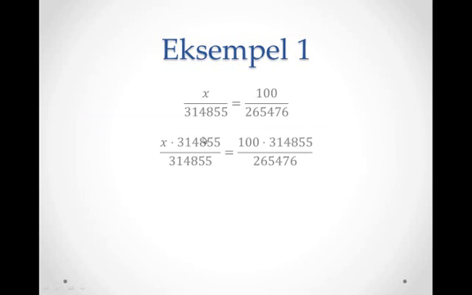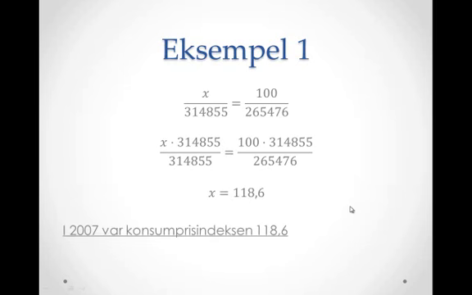I can solve this in the normal way for an equation. And when I calculate this, I get 118.6, which is then the Consumer Price Index for 2007.